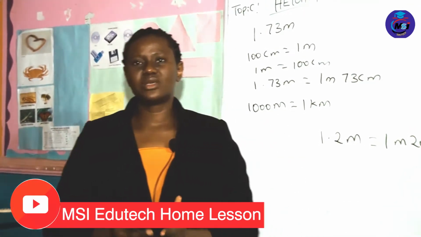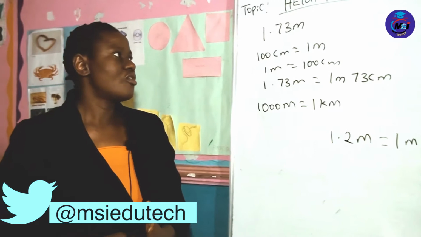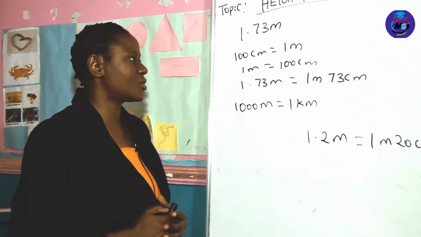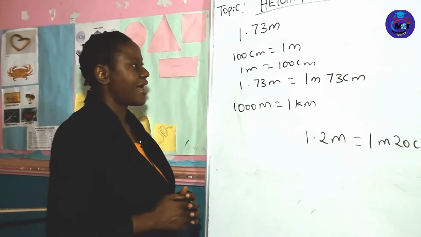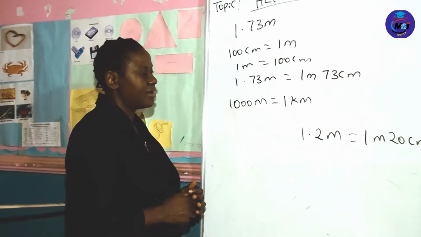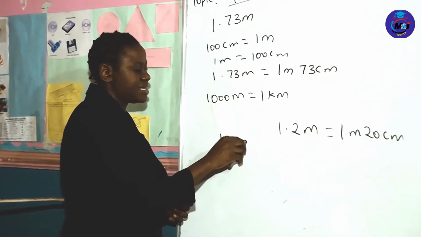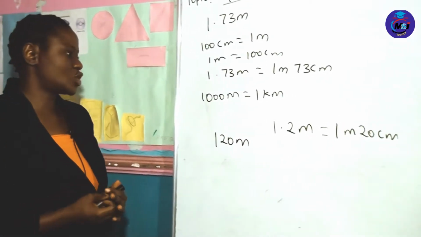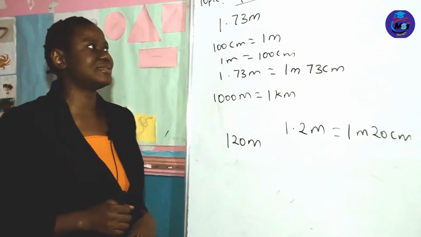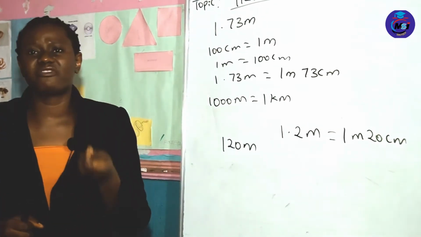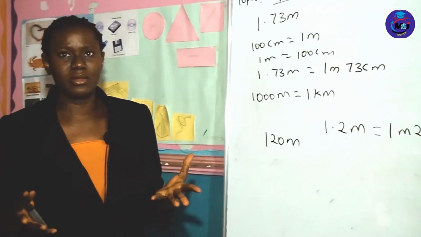How do we do it? We use a scale. For instance, I have a particular height, say 120 meters, and I want to indicate this. There is no way 120 meters could be represented on a piece of paper, but with a scale I could.